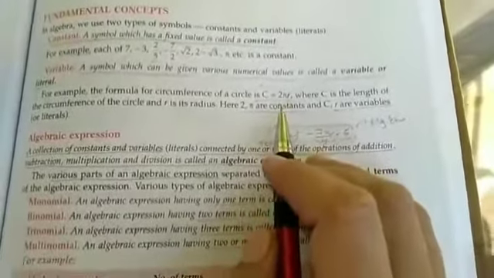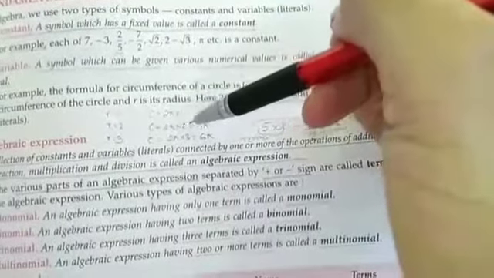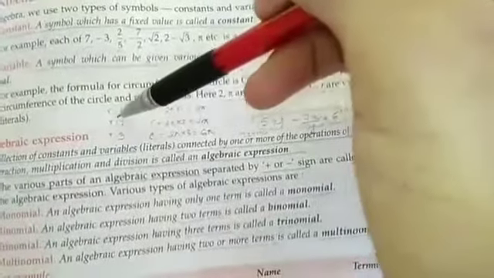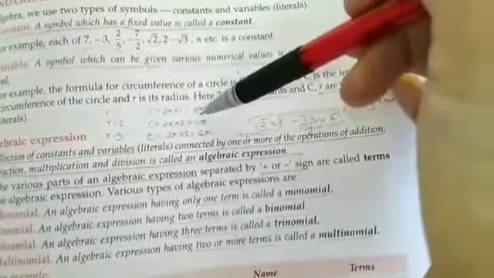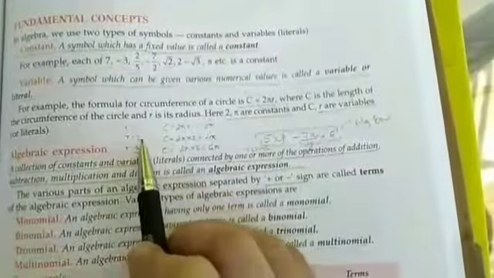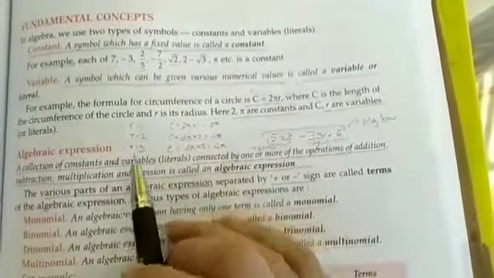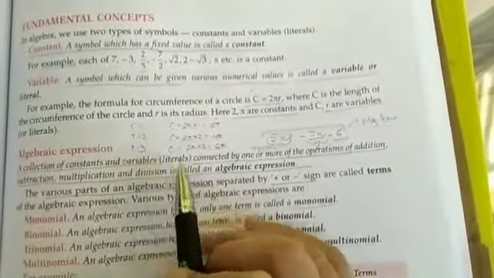Okay, let's see this. Here you can observe the difference. When I changed the value, radius was equal to 1, the circumference was 2 pi. When I change the radius value to 2, the circumference is now 4 pi. When I change the radius value to 3, the circumference is now 6 pi.